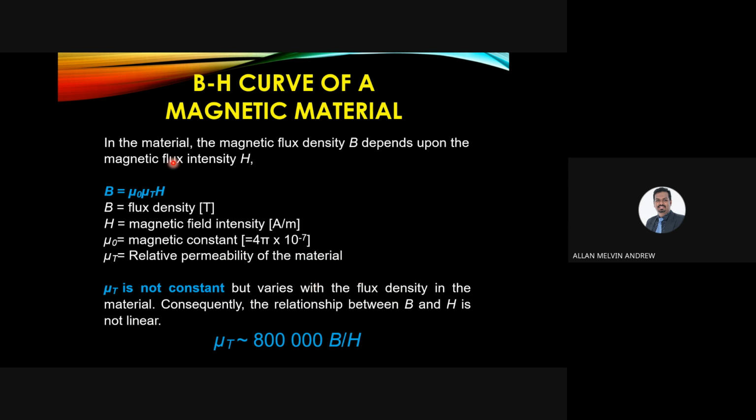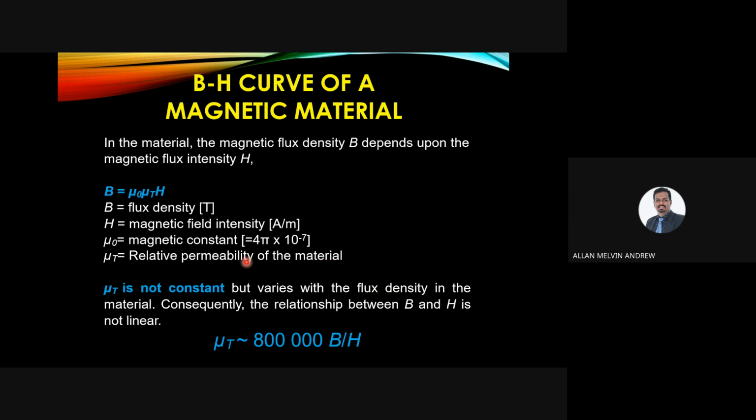In the material, the magnetic flux density B depends upon the magnetic field intensity H. Similar formula: earlier B equals mu naught H, and now we expand it. We need to multiply by the relative permeability of the material.